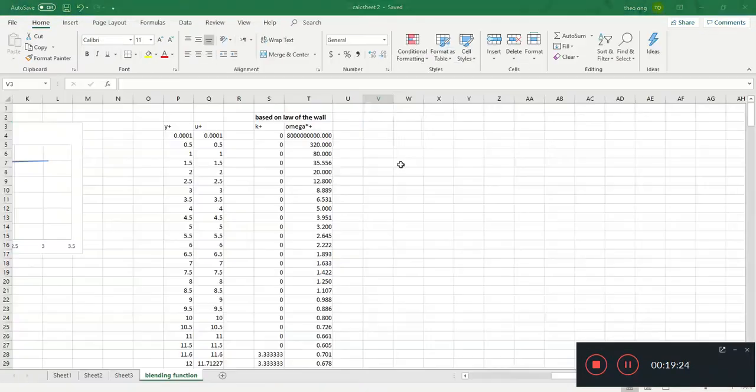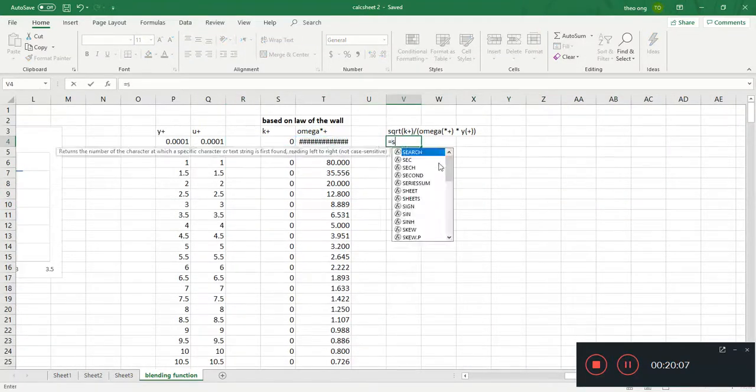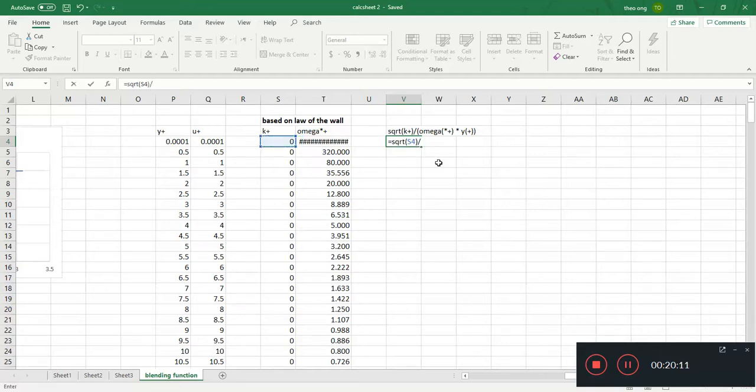So equals square root of k, which is 0 here, divided by omega times y.